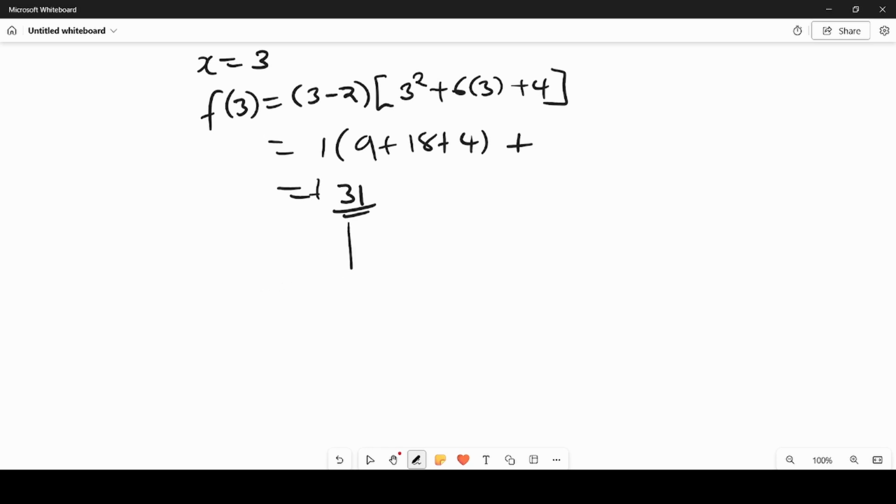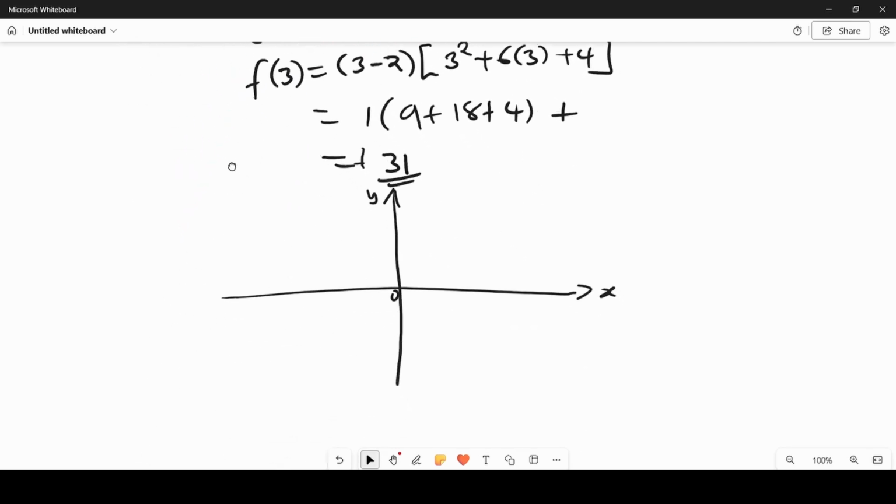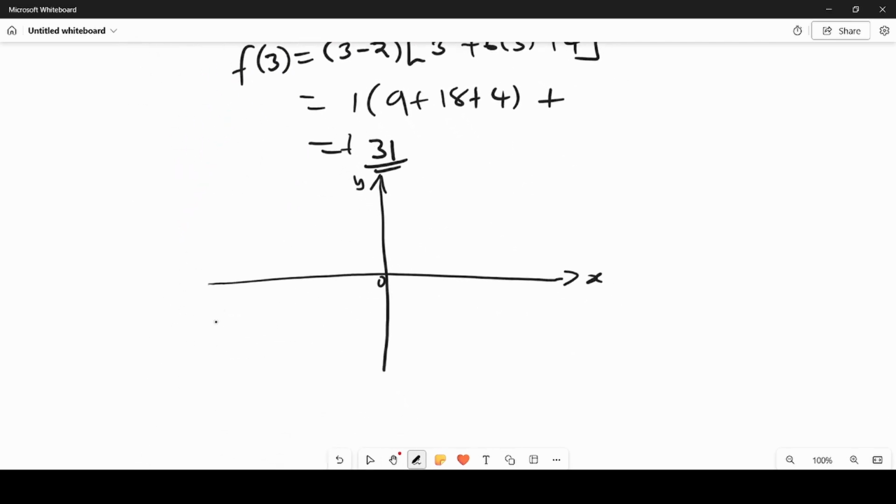So it means the graph in the final analysis will look like this: x, y, 0. It's going to look like the red one. It's going to look like this. It's going to go up, reduce somewhere like that. This is f of x.